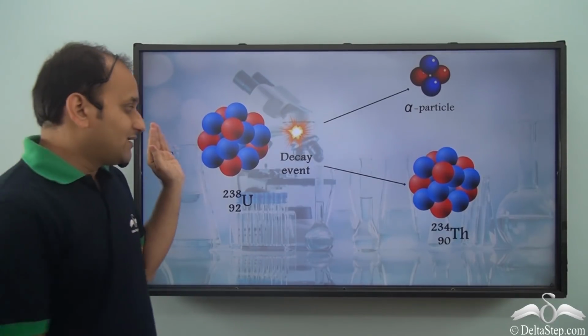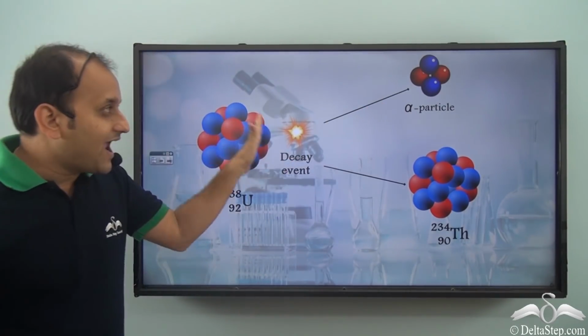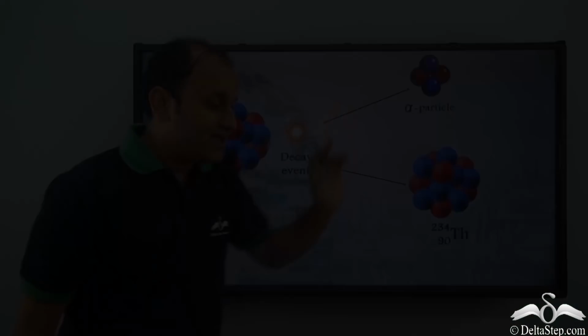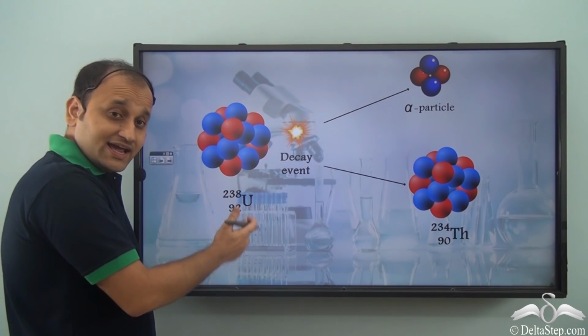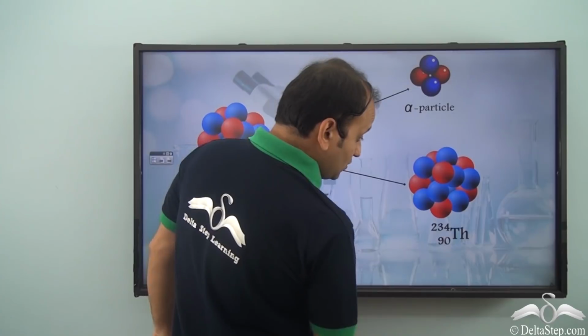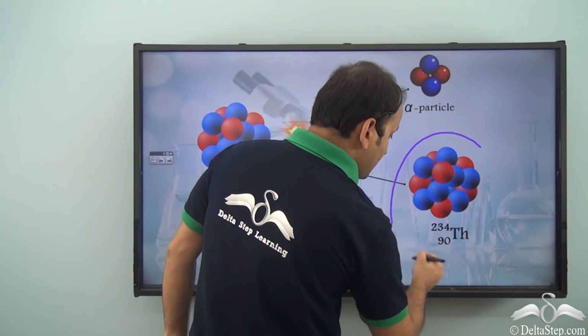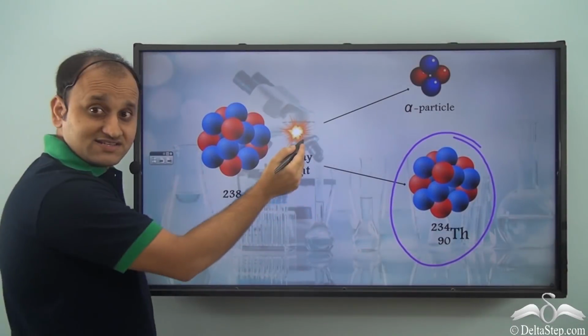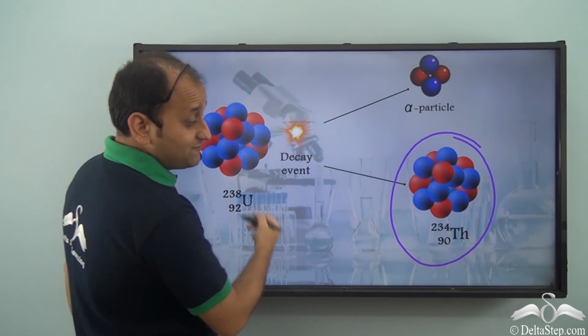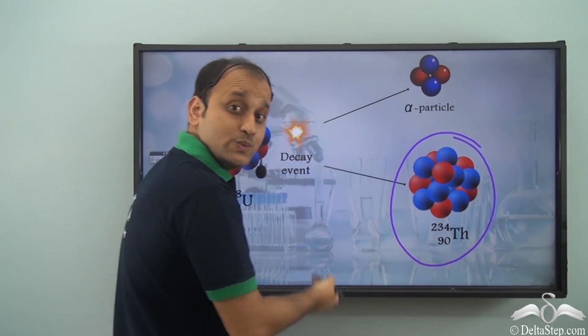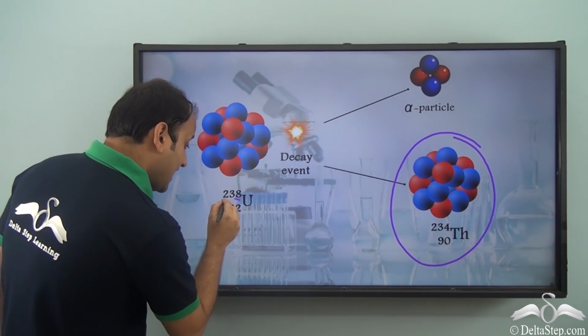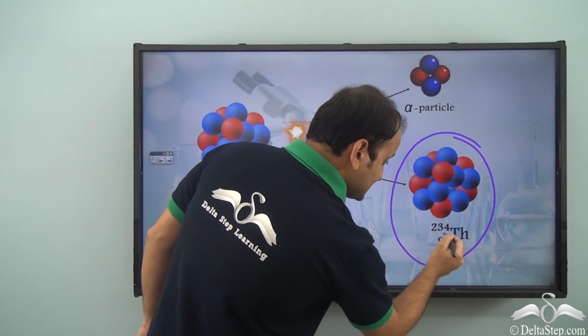Now when the decay event occurs and an alpha particle is released, in this case we have uranium-238 which transforms to thorium-234. Why does it happen? Because now we have 2 protons less, which means that the atomic number has changed.